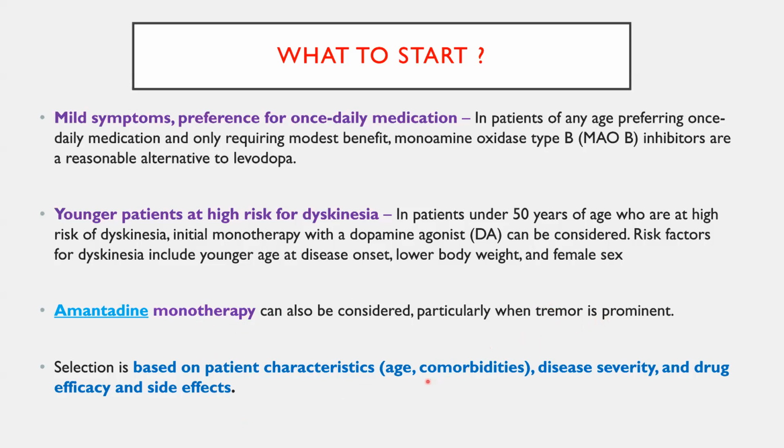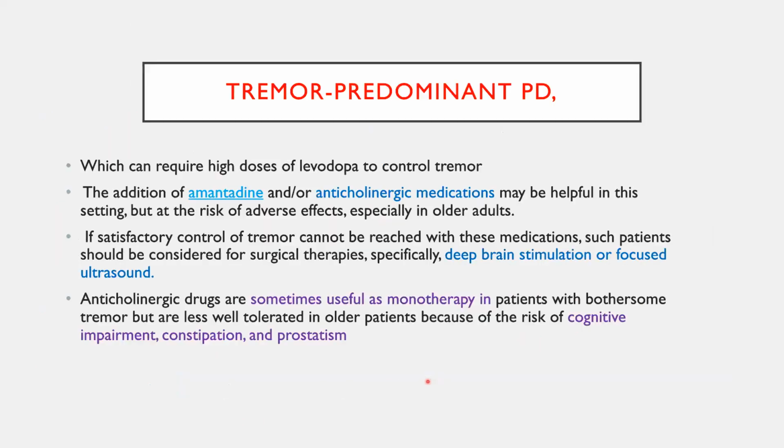All those things you need to see whenever you want to start drugs in a Parkinson's patient. As I told earlier, for tremor-predominant PD, better give amantadine or anticholinergics. Even after that, if the patient has refractory tremors, you can tell the option of deep brain stimulation or focused ultrasound. This will be helpful as a part of surgical therapy.